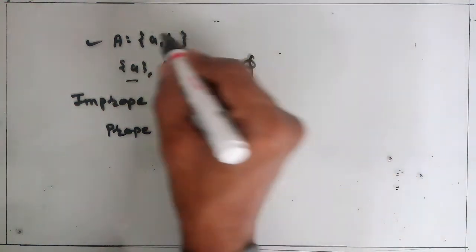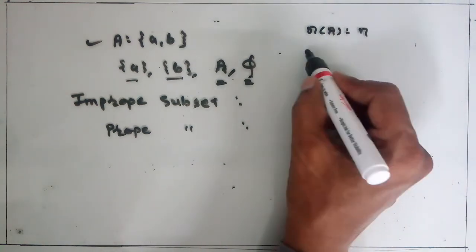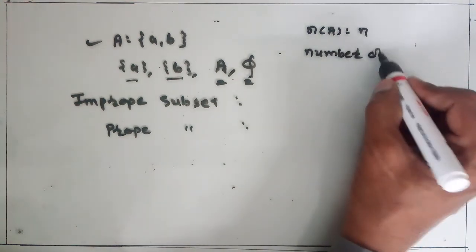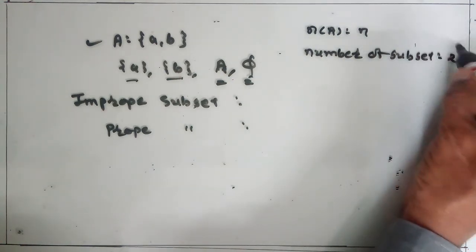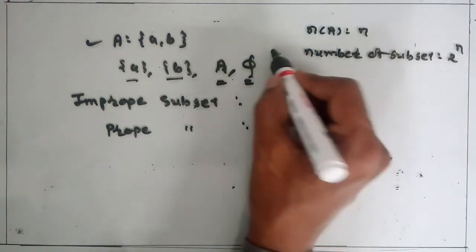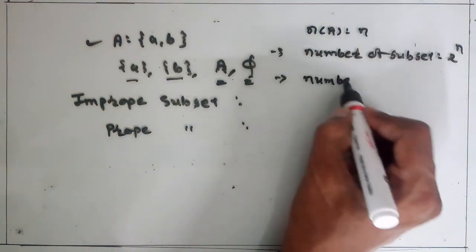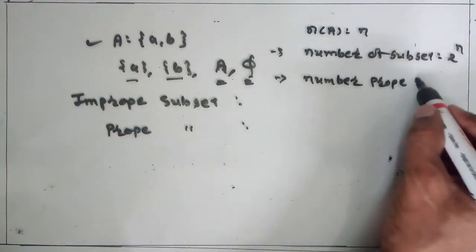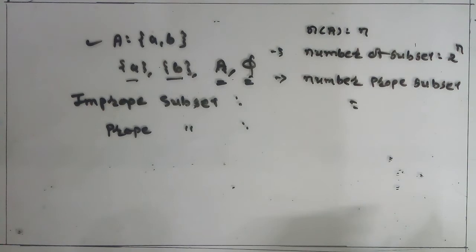Now think here, if A contains n elements, then the number of subsets is equal to 2 raised to n. We know that. Now the number of proper subsets, think about this.